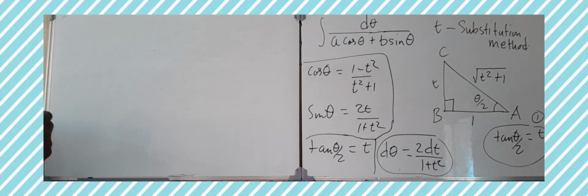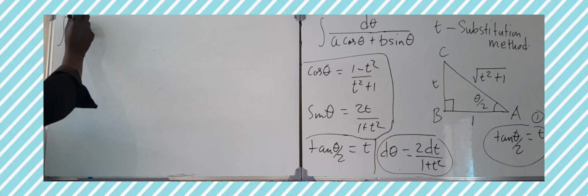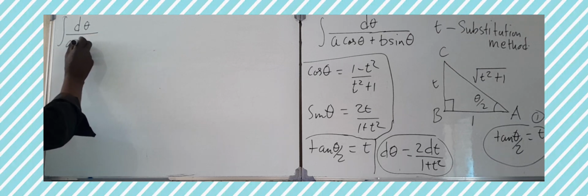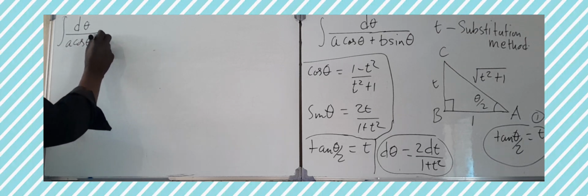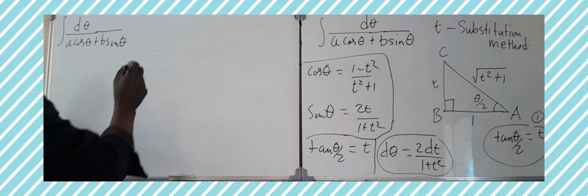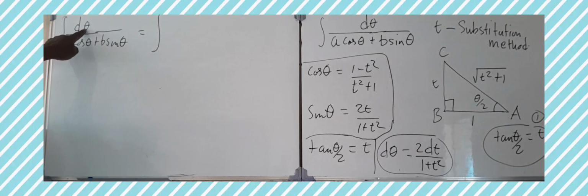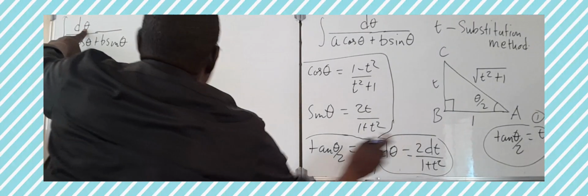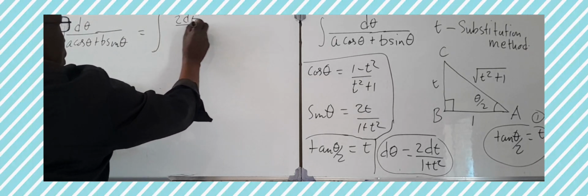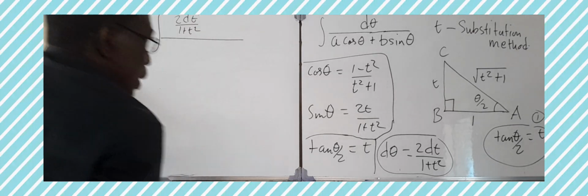So what we have now is the integral with respect to theta of 1 over a cosine of theta plus b sine of theta becomes the integral. Our d theta now is replaced by that. So we have 2 dt over 1 plus t squared divided by all this.